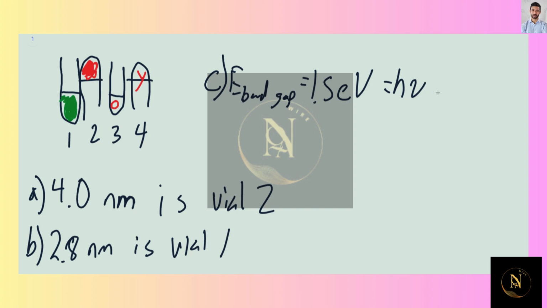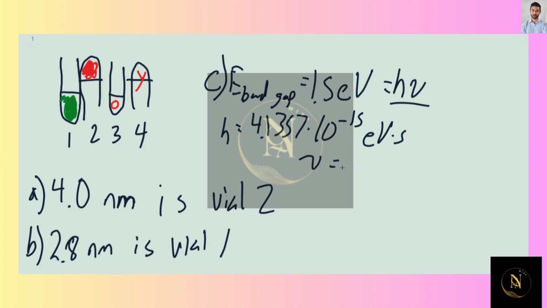Planck's constant in this case is equal to 4.1357 times 10 to the negative 15th eV seconds. Plugging that into this equation above, we get that nu is equal to 3.627 times 10 to the 14th hertz. And hertz is just 1 over seconds.